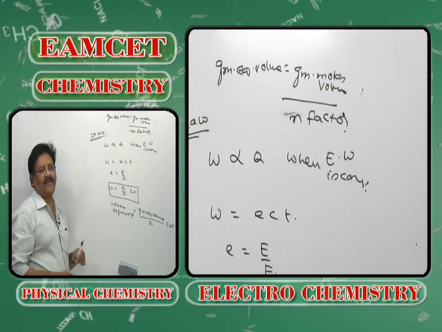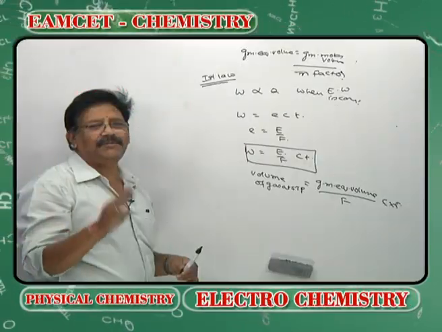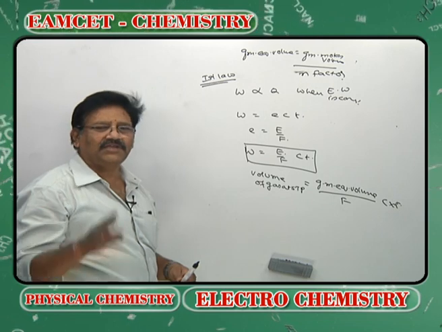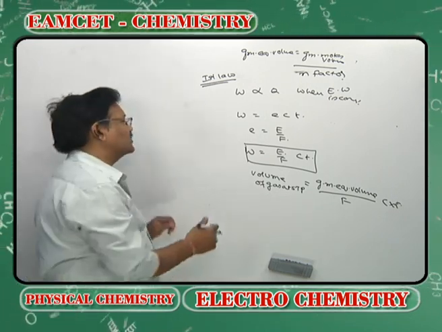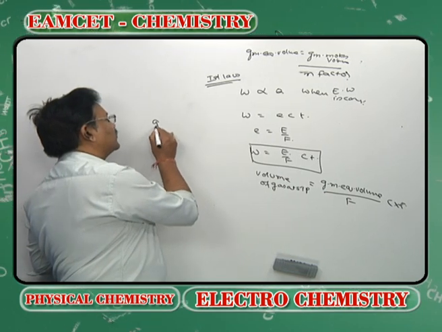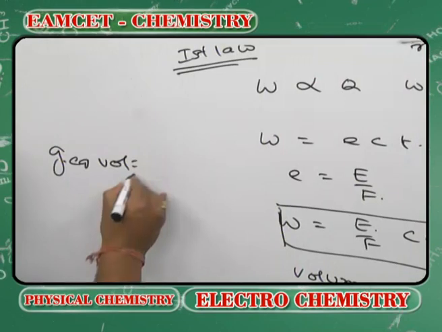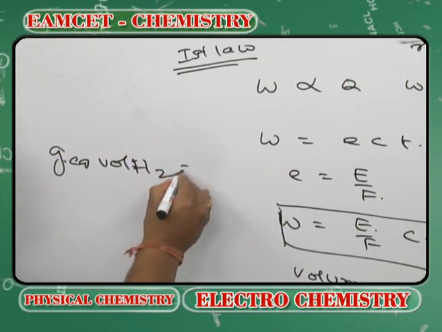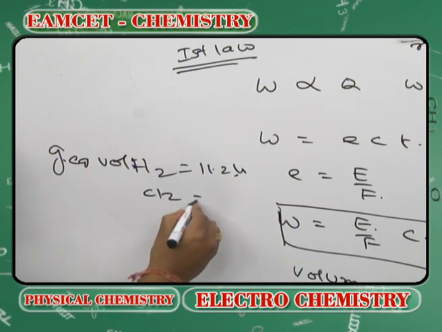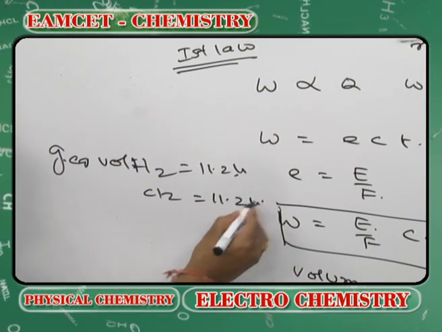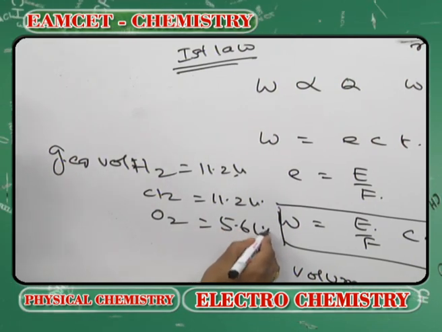So, in our electrolysis problems, we have to remember the gram equivalent volumes of three gases, that is hydrogen, chlorine and oxygen. What are the gram equivalent volumes? For hydrogen, 11.2 liters. For chlorine, 11.2 liters. For oxygen, it will be 5.6 liters.